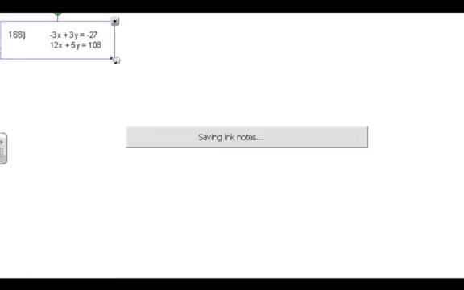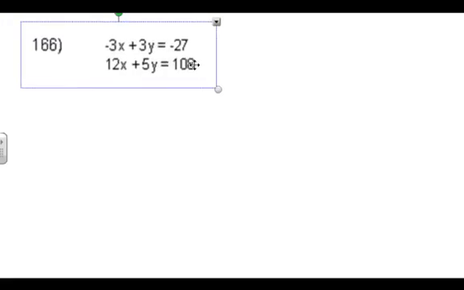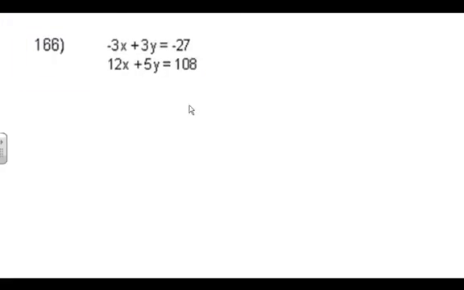All right. So again, I'm looking for coefficients that are the same or opposites. I don't see any. So which one of these sets of coefficients, with the x's or with the y's, are factors and multiples of each other? Yeah, the negative 3 and the 12. Okay, because I can multiply by 4. So I'm going to multiply everything here by 4.